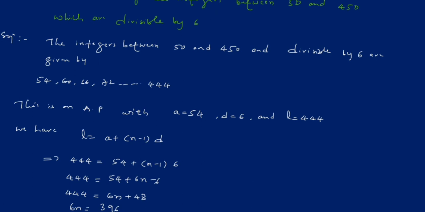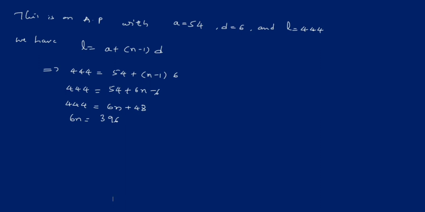So finally, n equals what we get here, 396 upon 6, which is n equals 66, right? So the value of n is here 66.